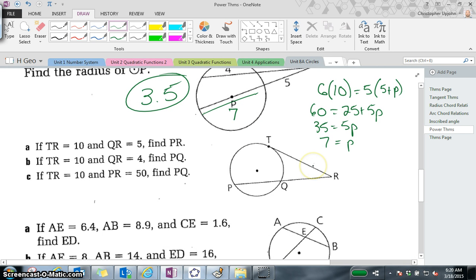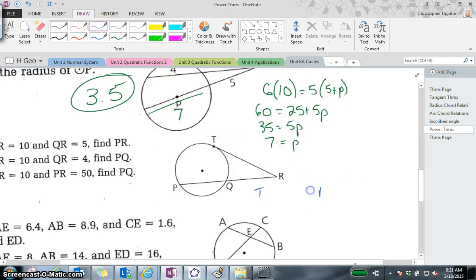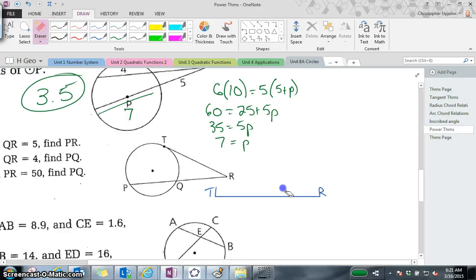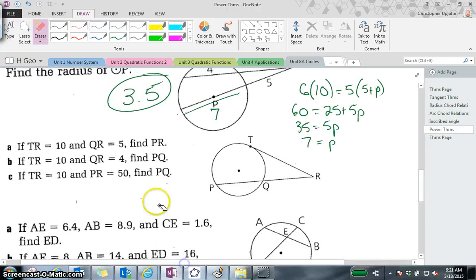Here, we got our tangent secant. So it is going to be R squared equals PR, the whole secant, times the outside part, QR. So we'll just do one of these.